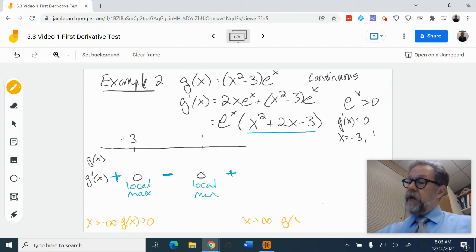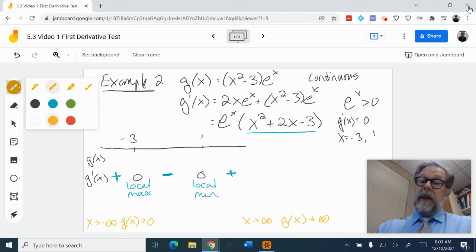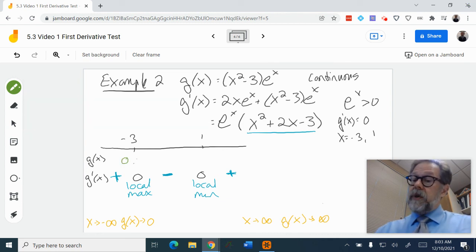G of x will go to positive infinity. So what does that mean for me? Well, I need to calculate g of x. Doing a little quick calculation, I find that g of negative 3 is 0.299, and that g of 1 is negative 5.437.